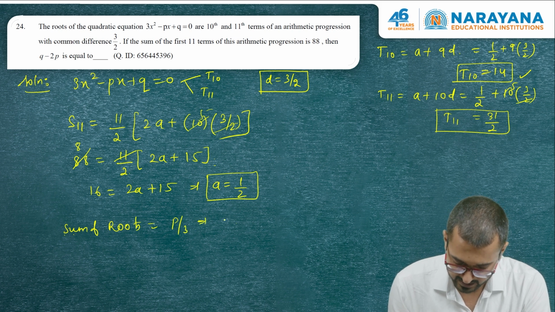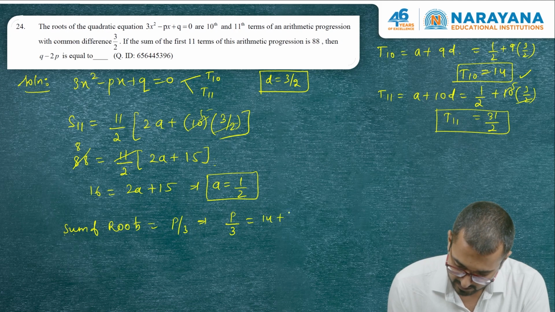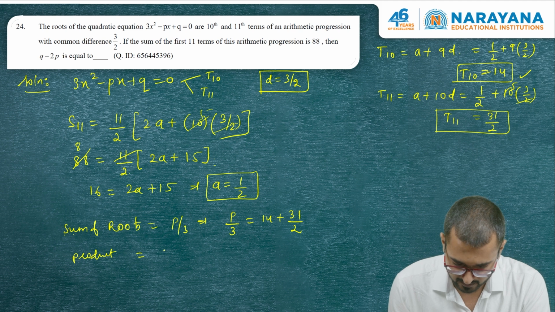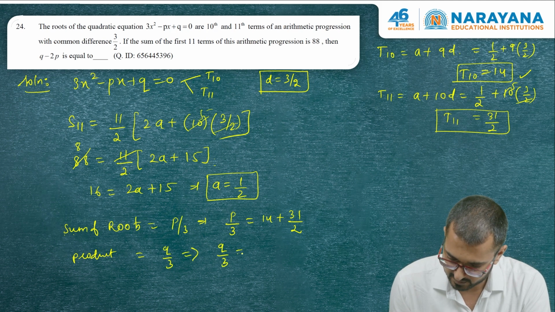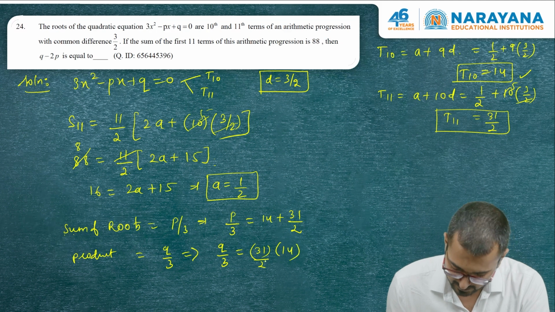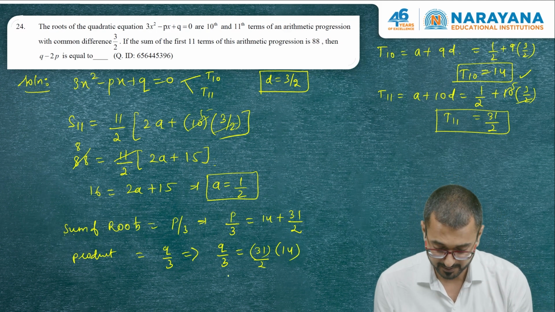So p over 3 is equal to 14 plus 31 by 2. And the product of roots is going to be q by 3, so q by 3 must be equal to their product, 31 by 2 into 14.